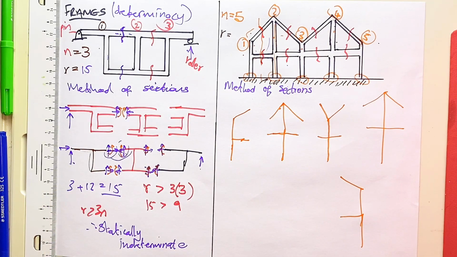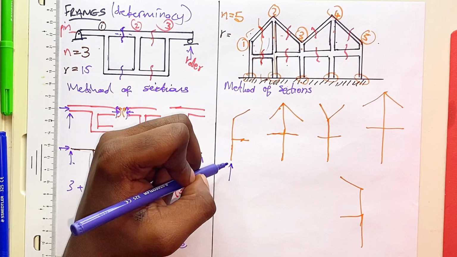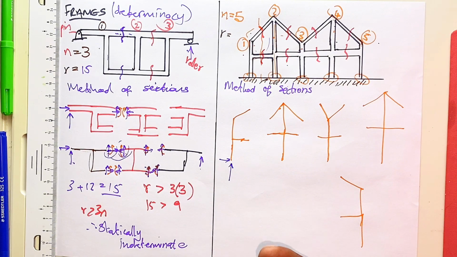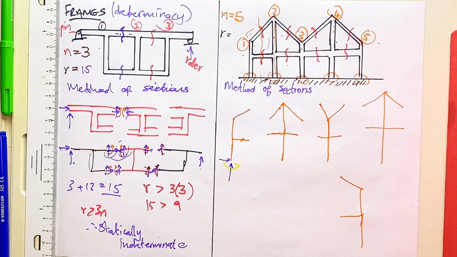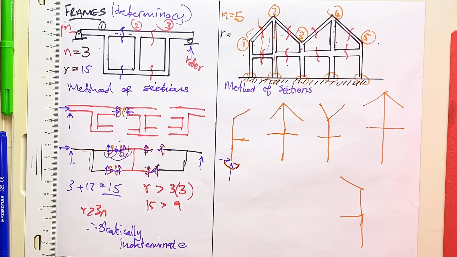A fixed support has 3 reactions, which is in the x-axis, the y-axis, and it does not allow rotation, so we'll have a moment. Let me use a darker pen. We'll have a moment. Let's do that for all these ones that we know are fixed.